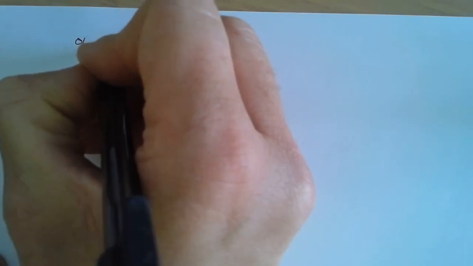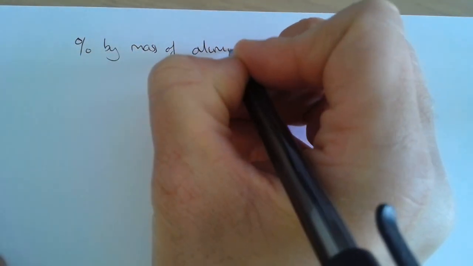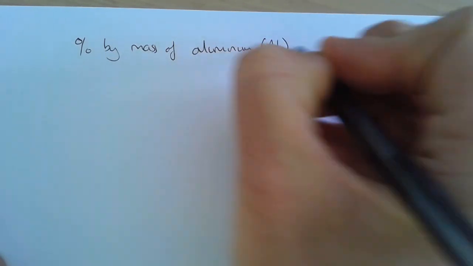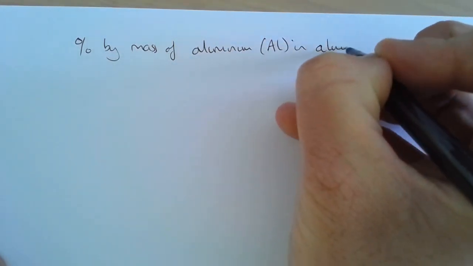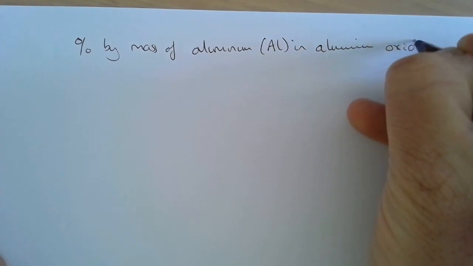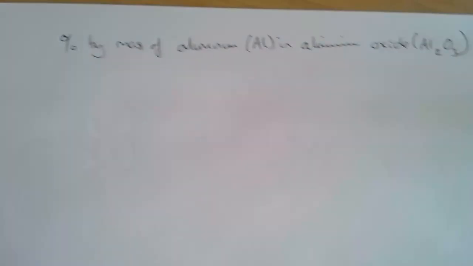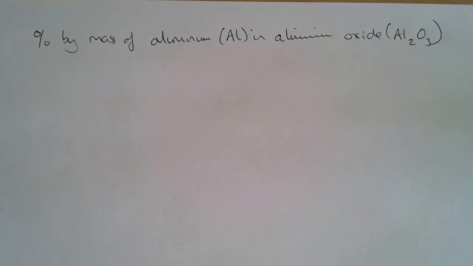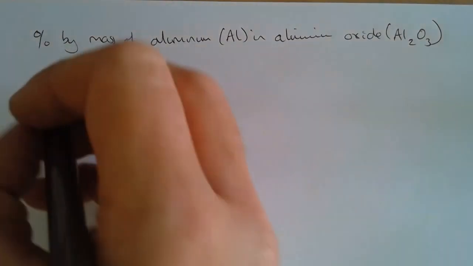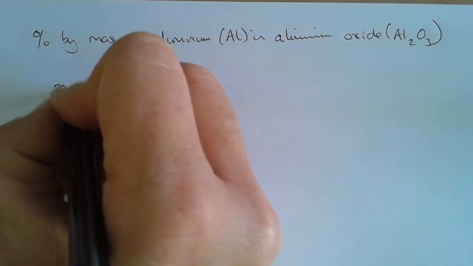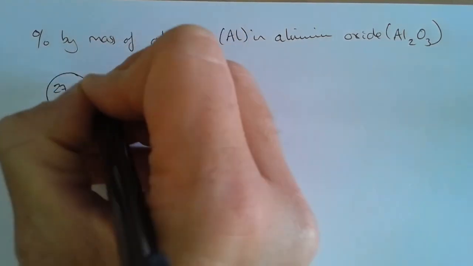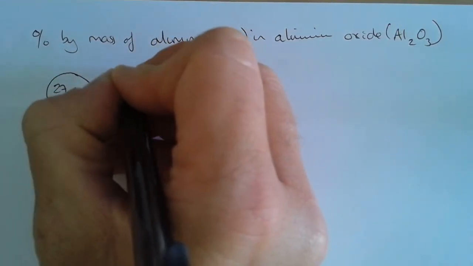And we're going to work out the percentage by mass of aluminium, so Al, in aluminium oxide, which has the formula Al2O3. So let's just think about that diagrammatically again. We don't have to do it this way all the time, but it just helps us to get a handle on what we're thinking about.